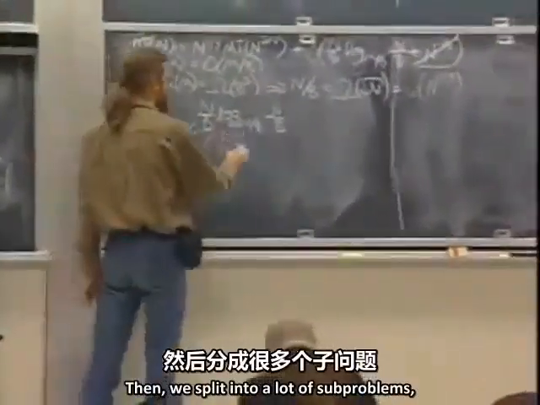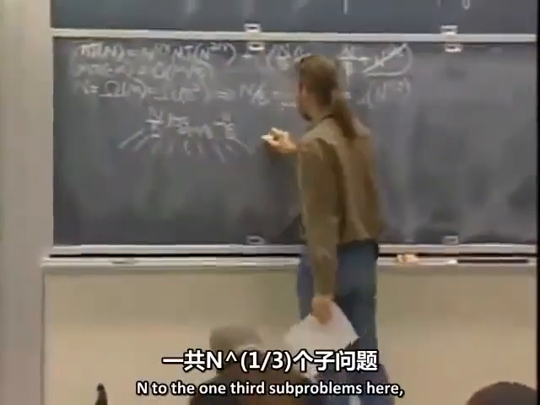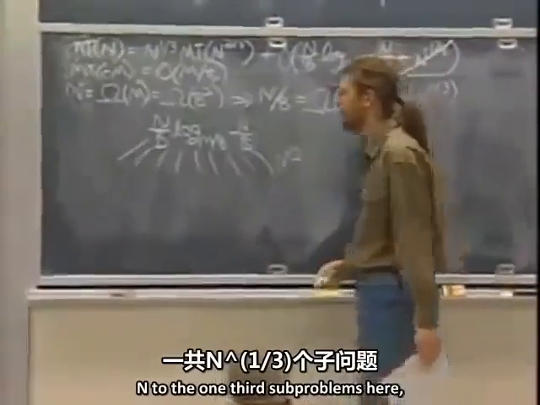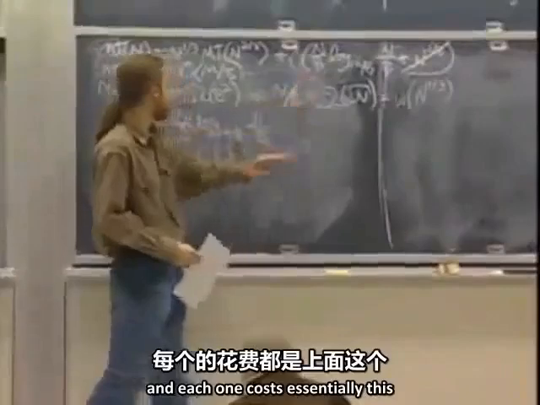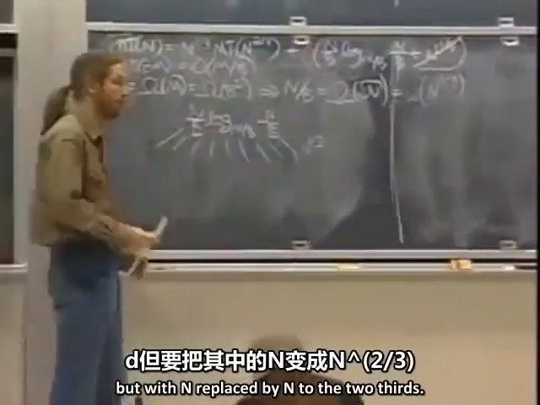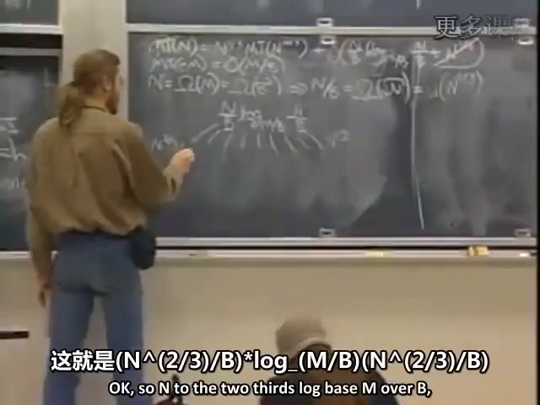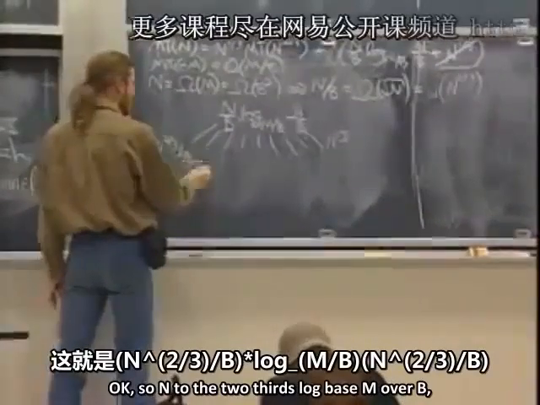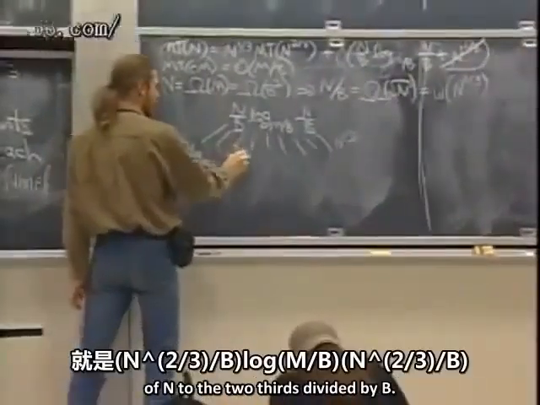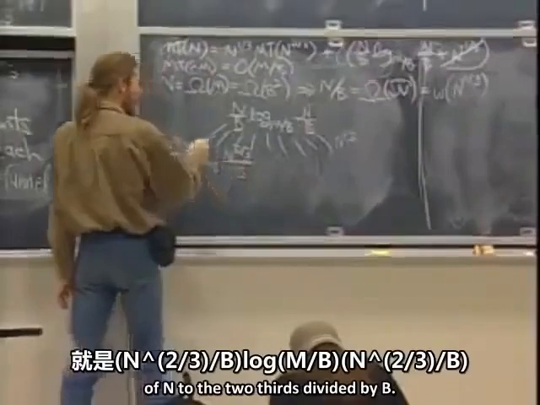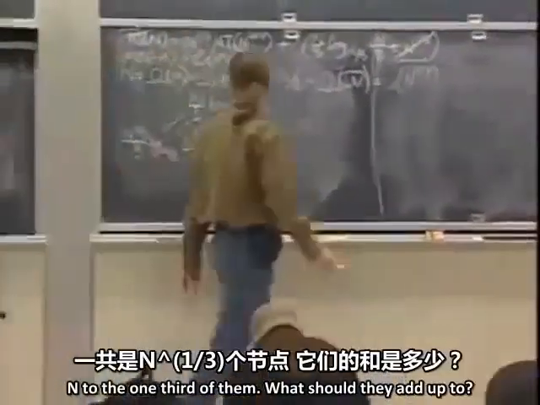Then we split into a lot of subproblems, n to the 1/3 subproblems here, and each one costs essentially this, but with n replaced by n to the 2/3. So n to the 2/3 over b log base m over b of n to the 2/3 divided by b. That's the cost of one of these nodes. There's a bunch of them, n to the 1/3 of them.